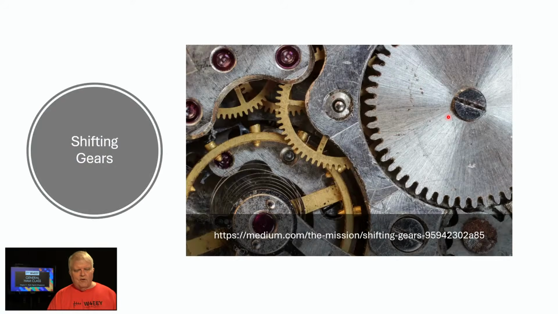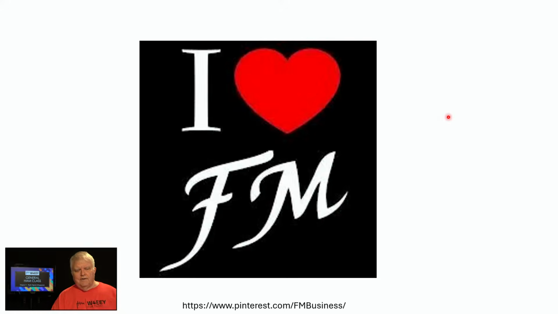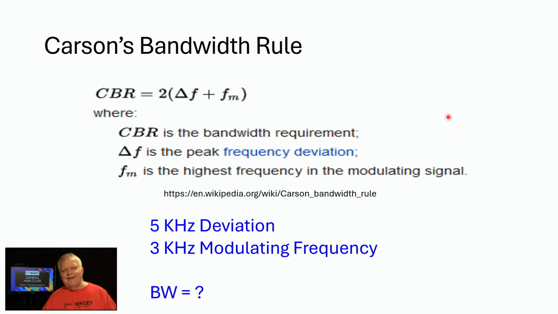All right, let's shift some gears. I love FM. Well, I don't, but it's okay. But in order to calculate the bandwidth of an FM signal, remember we said for communications purposes, the bandwidth is between 10 and 15 kilohertz. We use something called Carson's bandwidth rule.